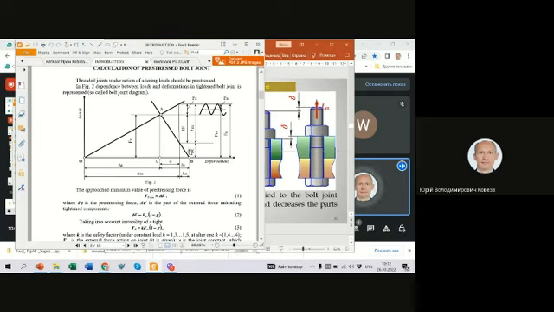And we should create FP, prestressed force. Prestressed force has to be greater than delta F.